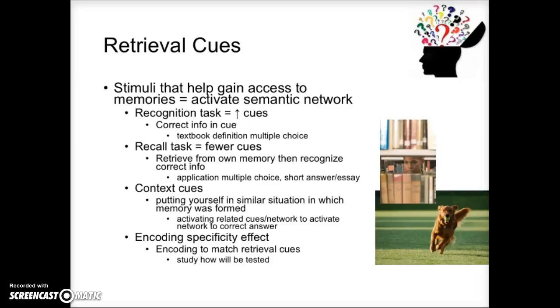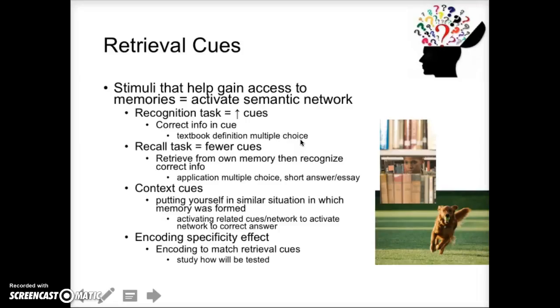Now, another thing that can sometimes help in retrieval is something called encoding specificity. This is where you want to encode those memories so that they most closely match the retrieval cues. So, if you're taking a class that only tests you on textbook definitions and multiple choice or matching ways, then only study that way.